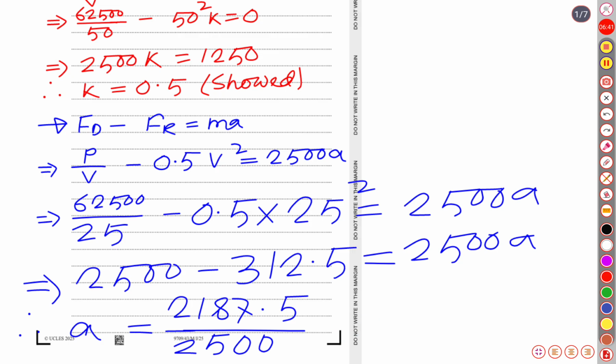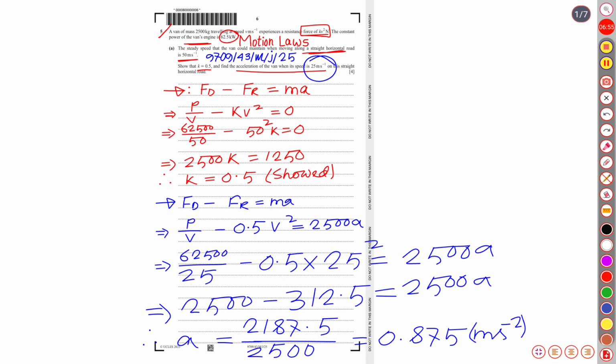This is not a rounded figure, this is an exact figure. So 0.875 meter per second squared is the acceleration when velocity was 25 meter per second. So that's all about the solution to the first part of the question.